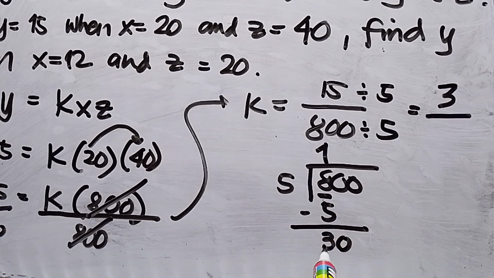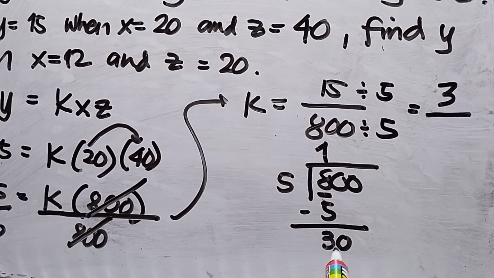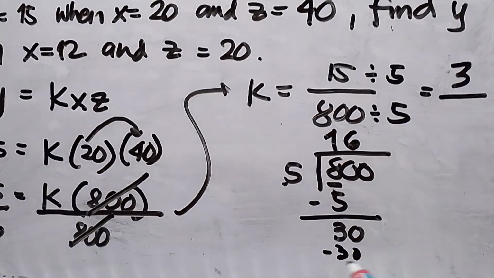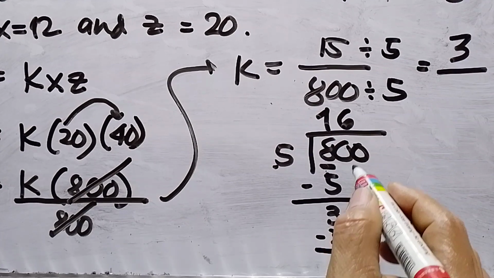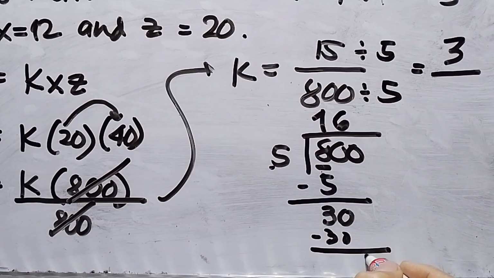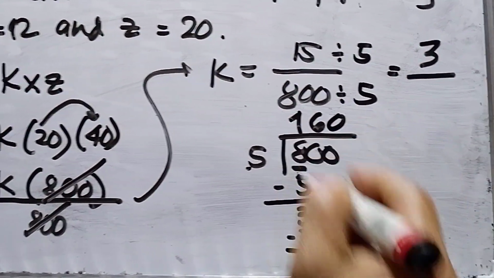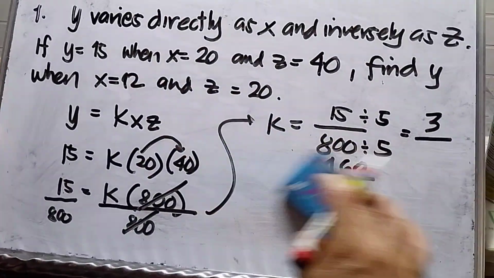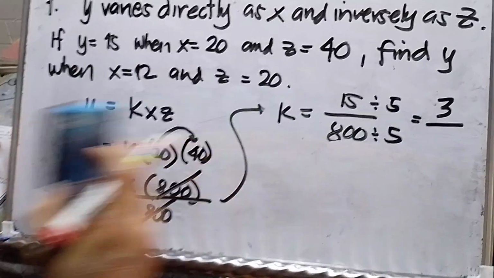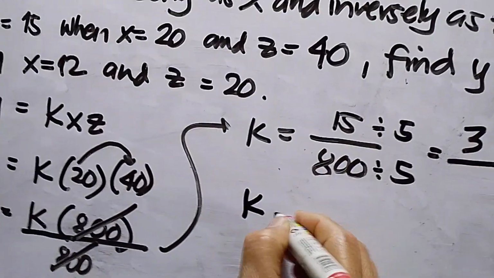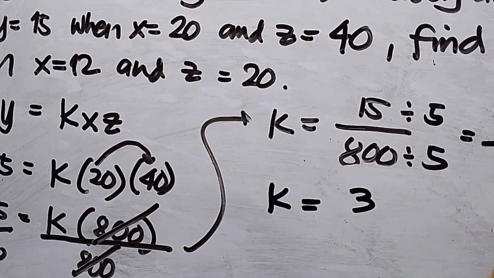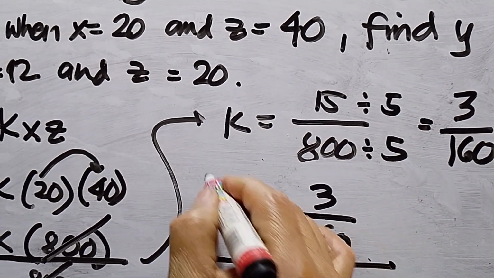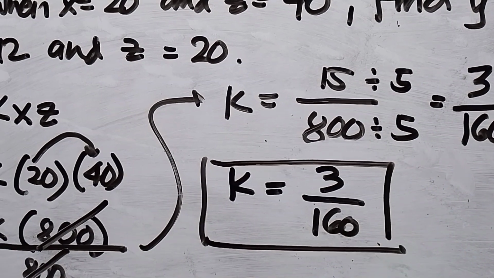How many 5s are there in 30? 6. 6 times 5 is 30, so that is 0. Bring down 0, and that gives 160. Therefore, my constant of variation for number 1 is 3 over 160.